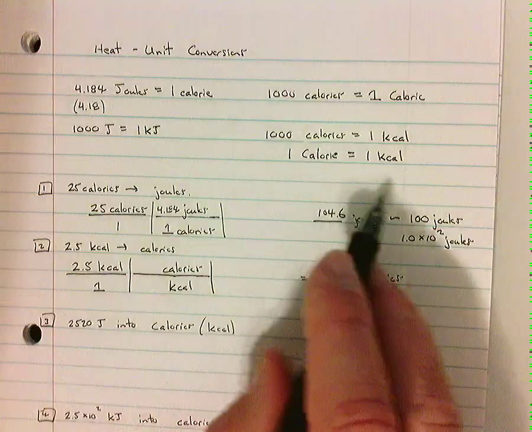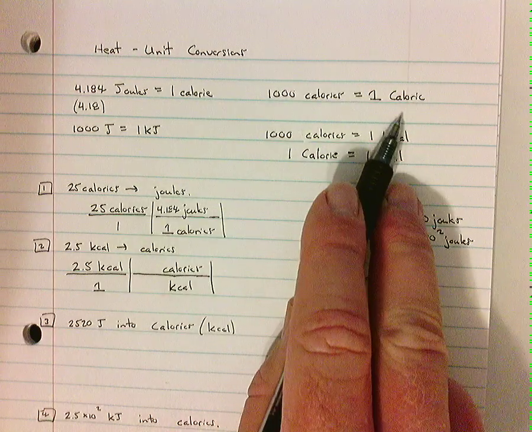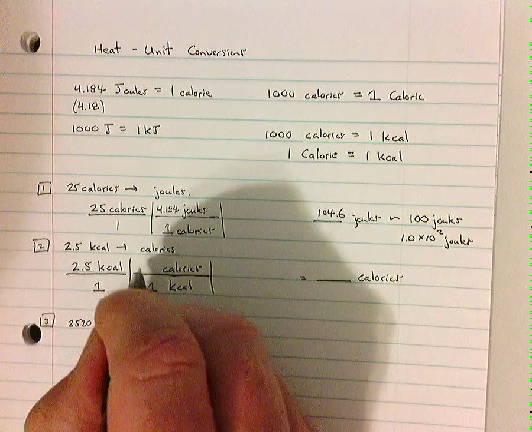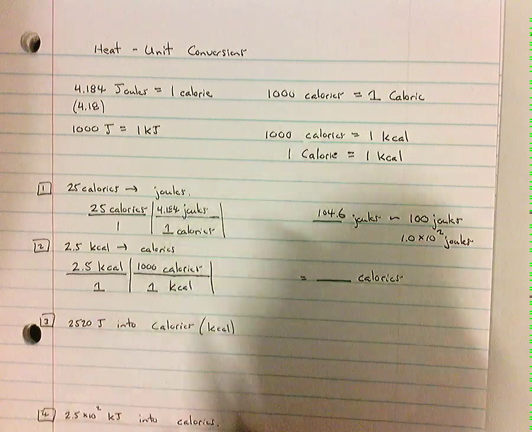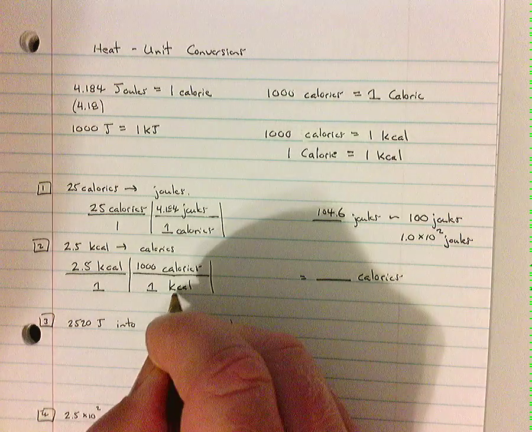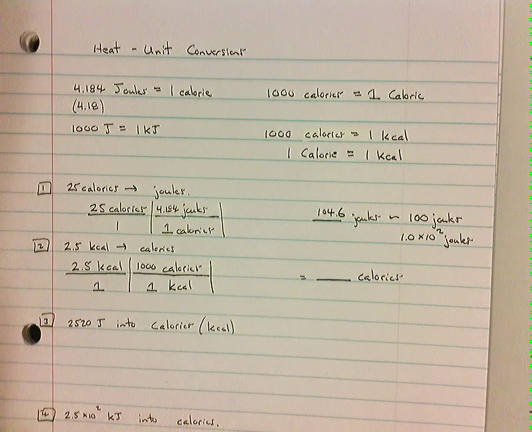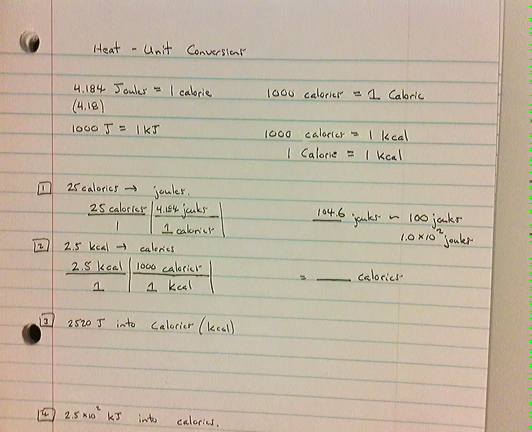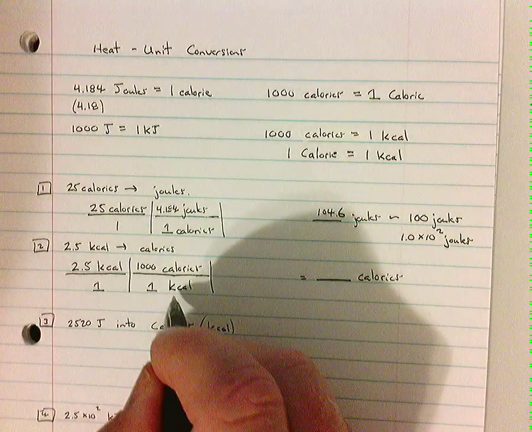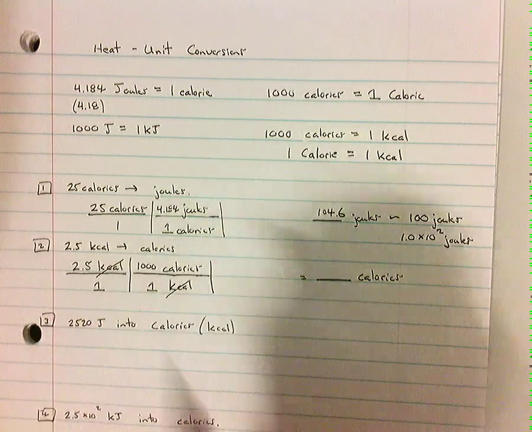And we know that for every 1 kilocalorie, or 1 capital C calorie, there are 1,000 regular calories. Didn't do this on the previous problem. We're going to go ahead and cancel out calories here. We're going to cancel out kilocalories.